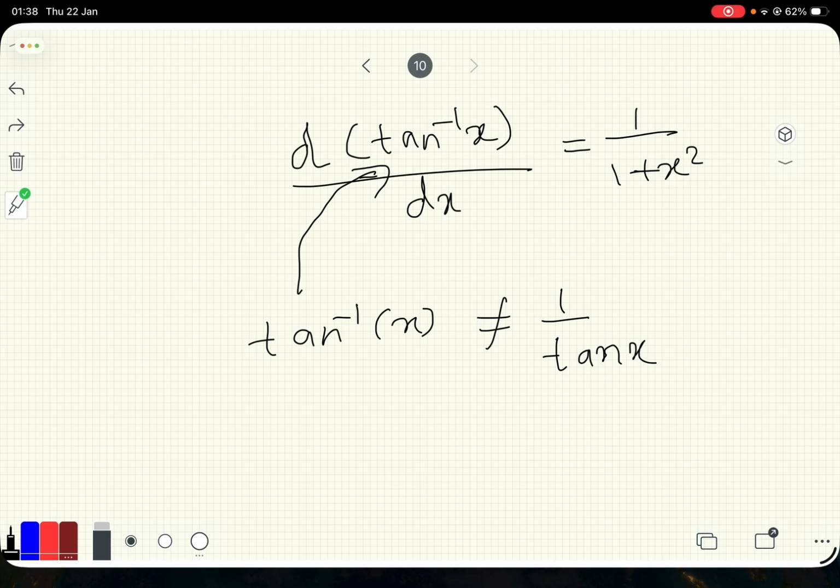It means inverse tangent, also called arctan.